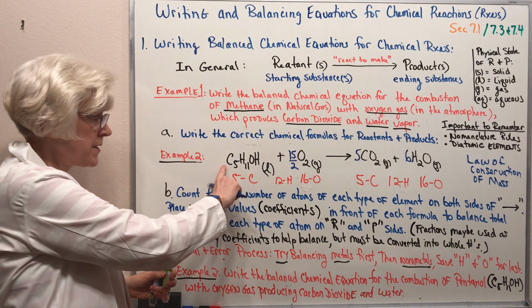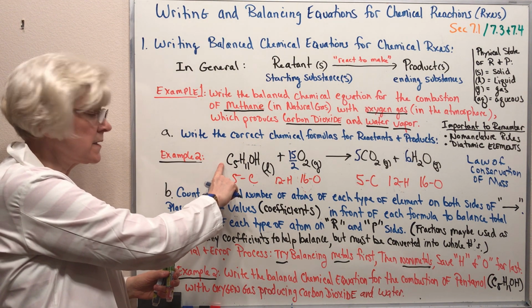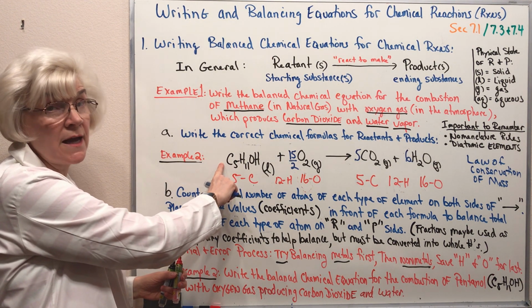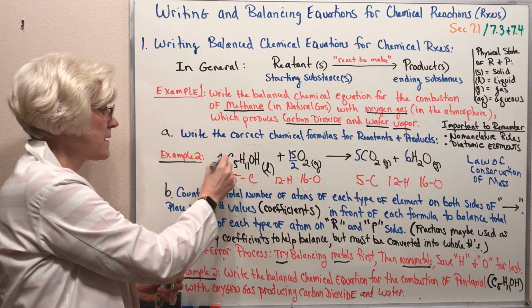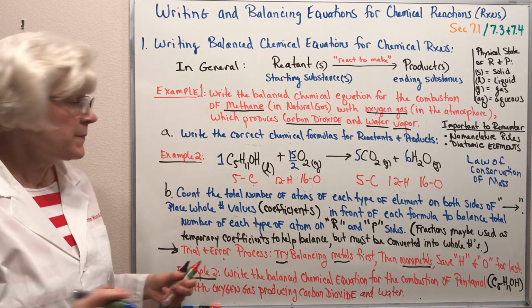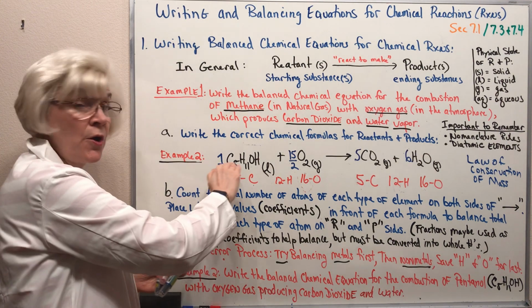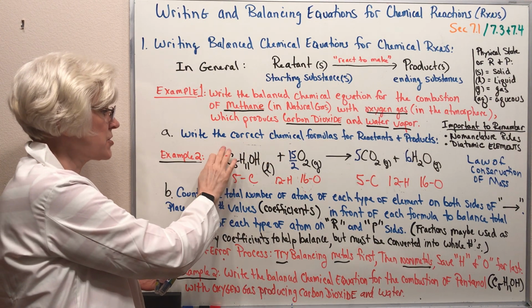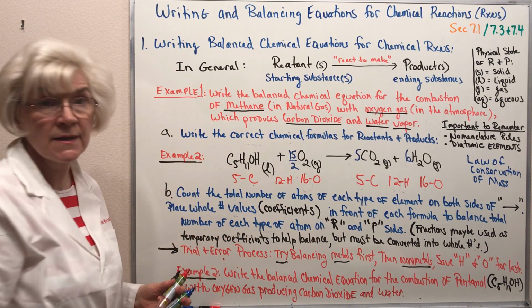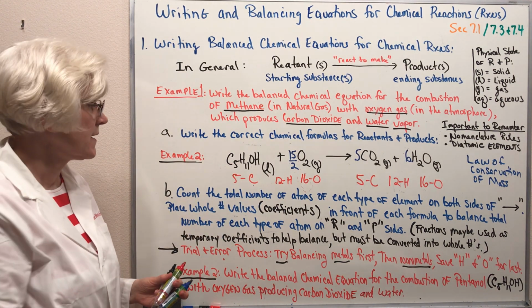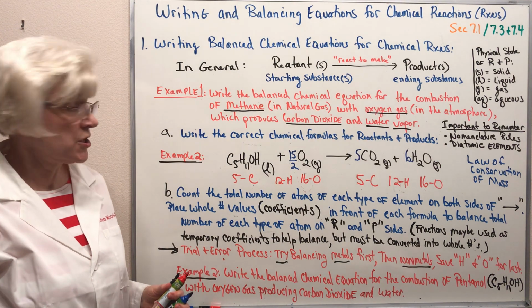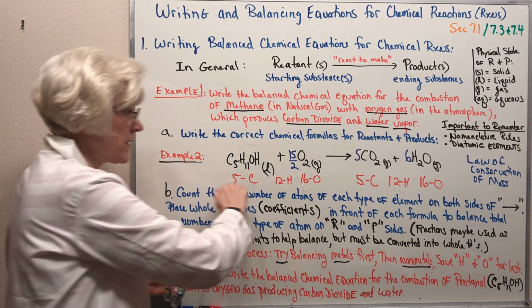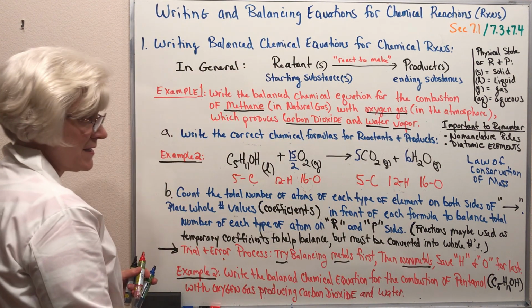Note that if no coefficient, no number, is written in front of a formula, it is understood to be the number 1. But by convention, we don't write the number 1s in the equation as coefficients. We leave them unwritten, and it is understood that the coefficient is 1. So my equation is balanced right now.